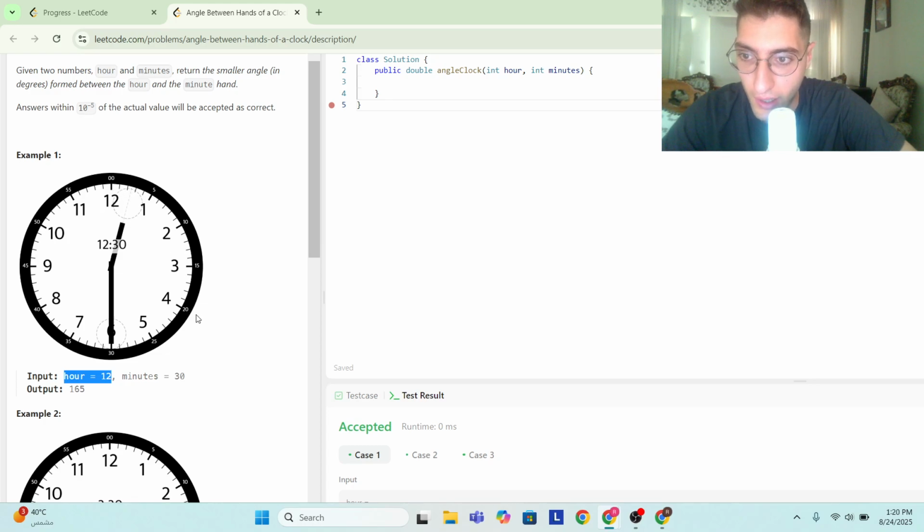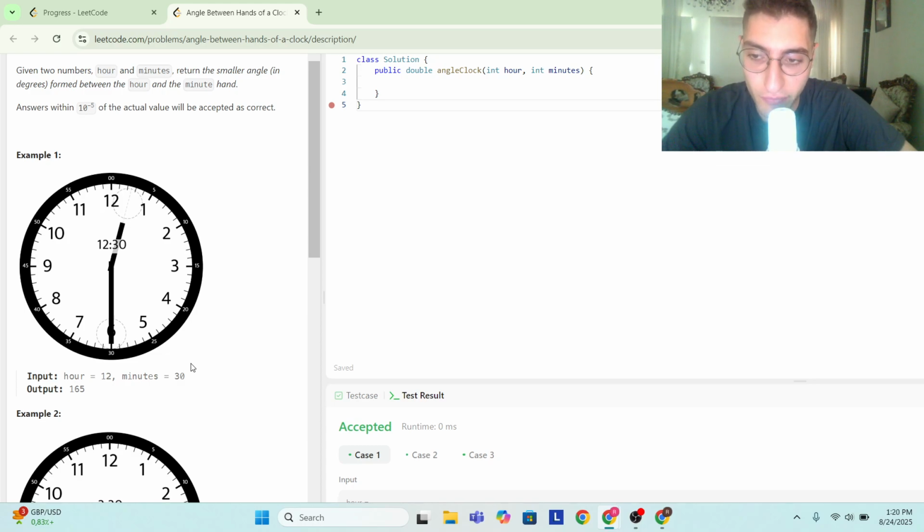But we also need to account for the fact that the hour hand will move when the minute hand moves. So we multiply the hour by 30, and then add 0.5, because the hour hand will move 0.5 every minute, multiplied by the minutes which they gave us. Once we have that, it will give us our hour angle, and we deduce what our minute angle is going to be.